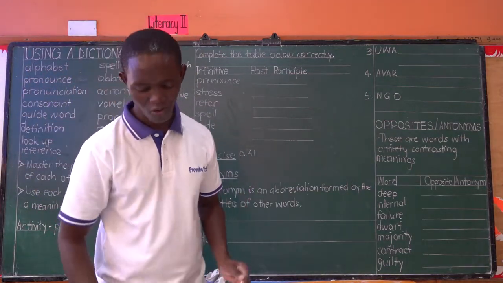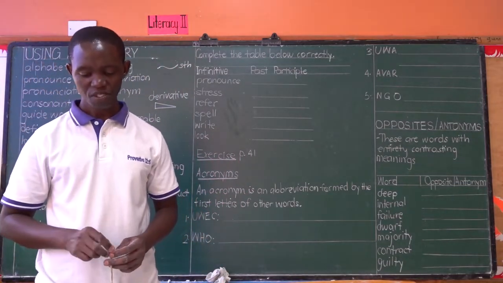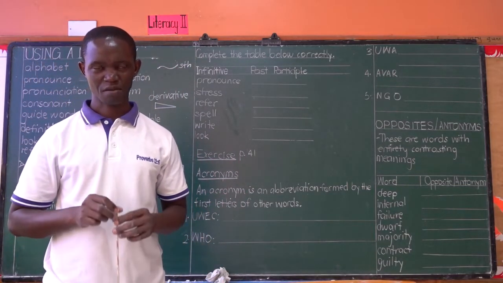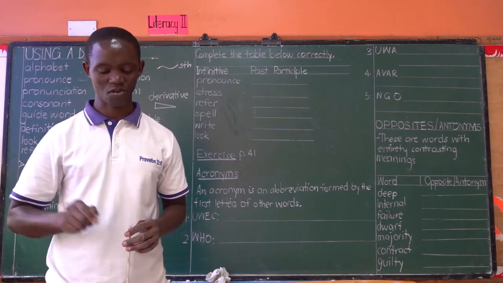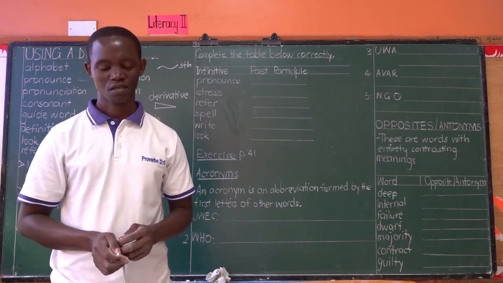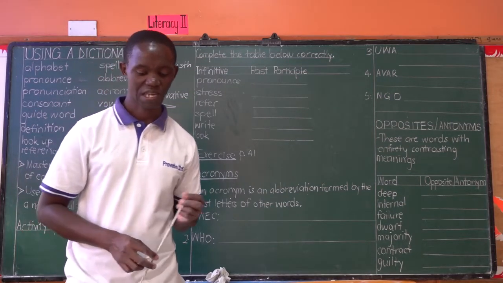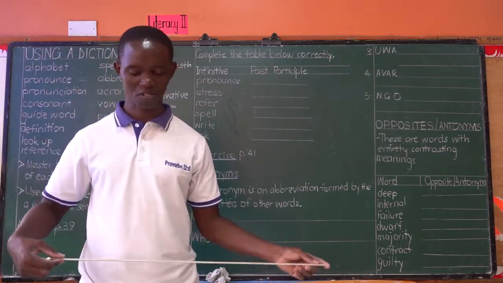Then this circle shows where a word can be broken when pronouncing it. Some children mistake this and they think these circles or these dots, very tiny, are there to separate words. They are there to separate syllables, but not words.